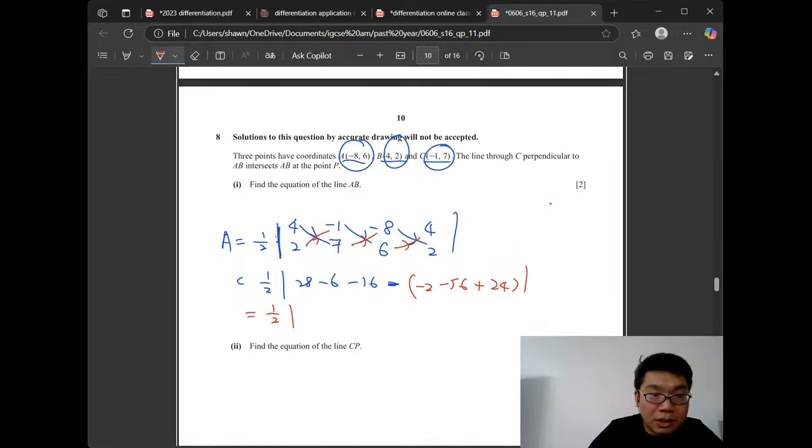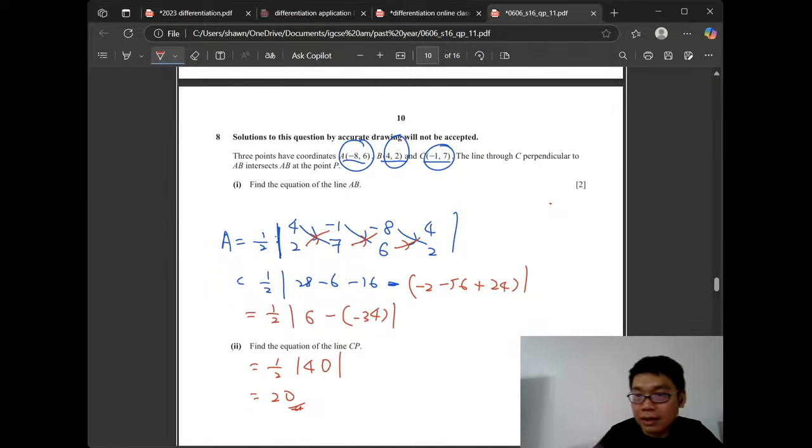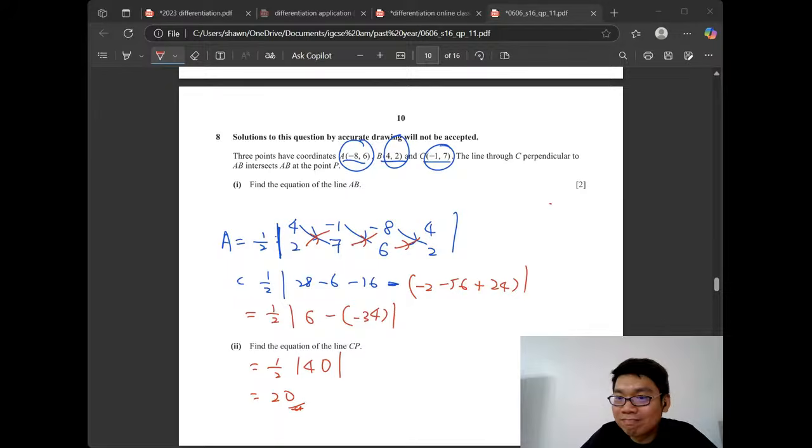Then you just key it in, or if it's Paper 1, you need to count it yourself. So the answer is 20, just like this. Not a big problem, right? Tasville, okay? Are the others okay?